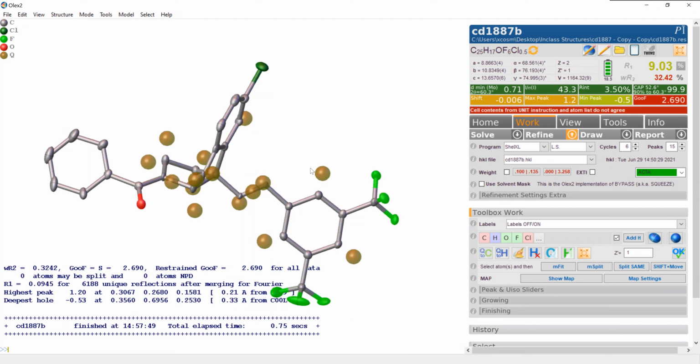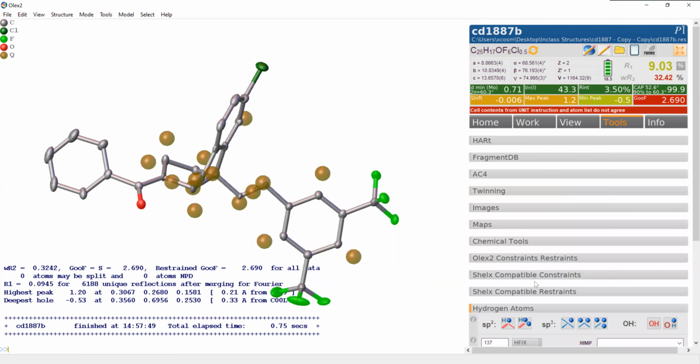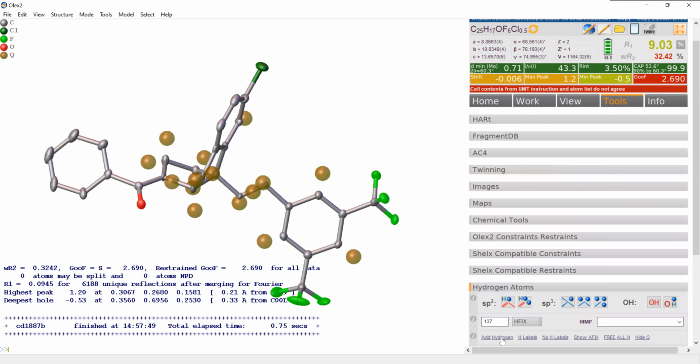So again, to add hydrogen atoms, you can just simply click under the toolbox, add H, or you can go to Tools, click on hydrogen atoms, click add hydrogens. The other option is if you just want to add hydrogens to one particular atom. For example, if it's an aromatic carbon you want to add a hydrogen to, you can just click on it and individually add hydrogens to individual atoms.